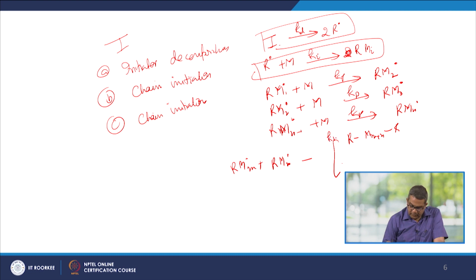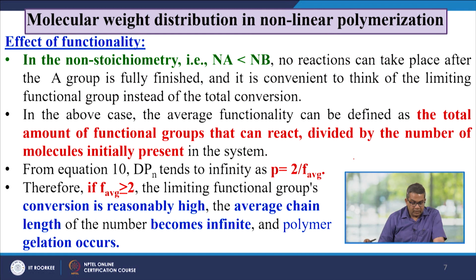This can be KTC, and another one can be R M and R N, and this can be KTD.